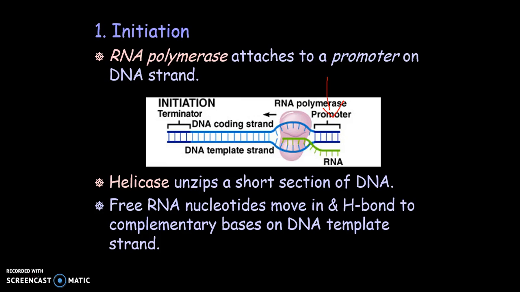So for a eukaryotic cell, the promoter region is called the TATA box, T-A-T-A, which is about 25 nucleotides upstream from an initiator site. Okay, now, either strand of the DNA template can be transcribed. So it's all based on this promoter region.